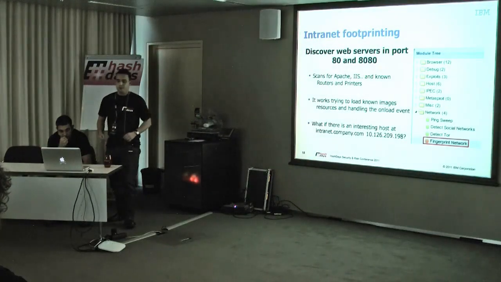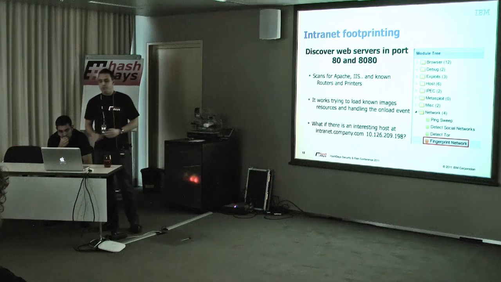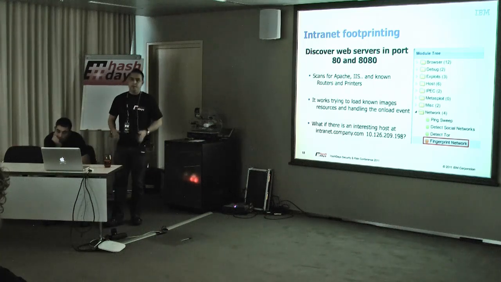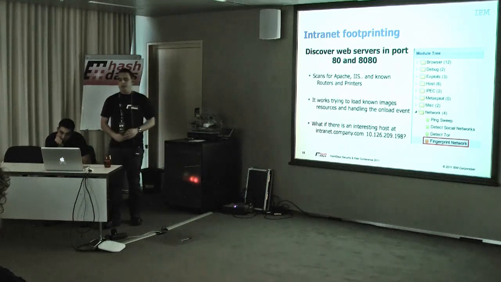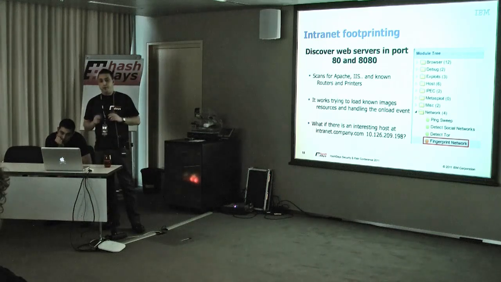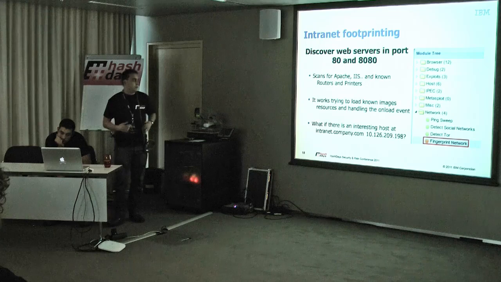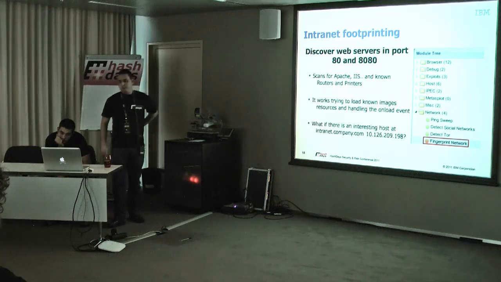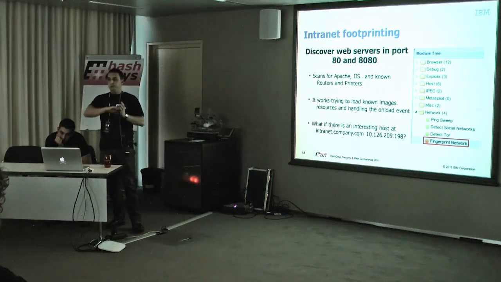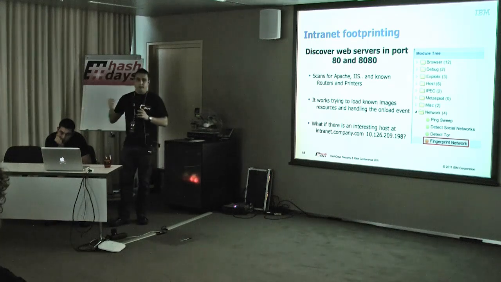There is another module called intranet footprinting that tries to discover web servers on port 80 or 8080. That module scans for Apache, IIS, and known routers and printers. When we make an HTTP request from a browser, if it's cross-domain, we can't read the response.